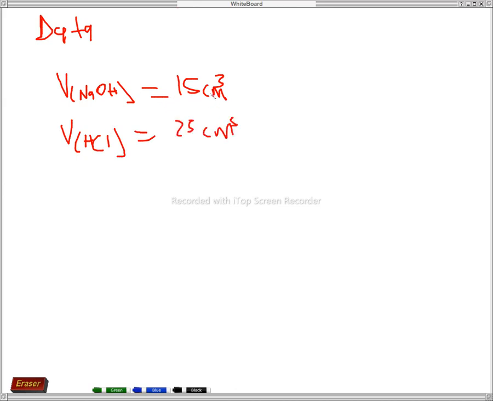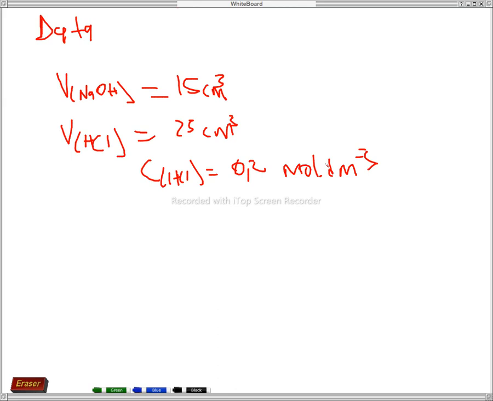You can see that these units we should convert. And then we also have the concentration for HCl, which is 0.2 mole per decimeter cubed.